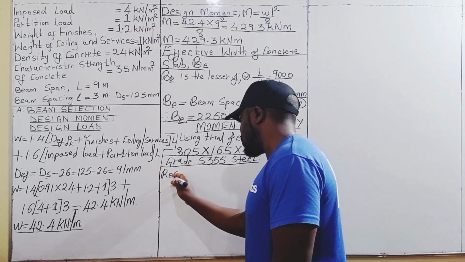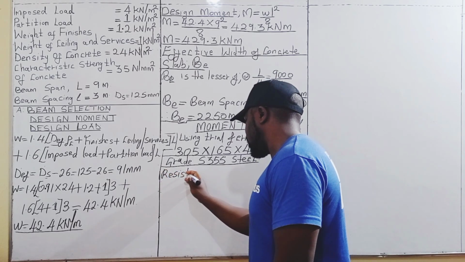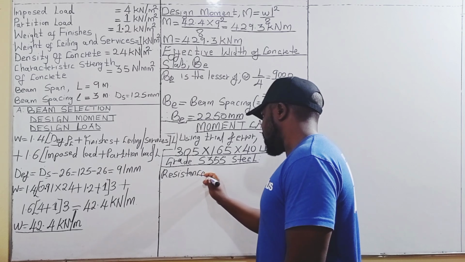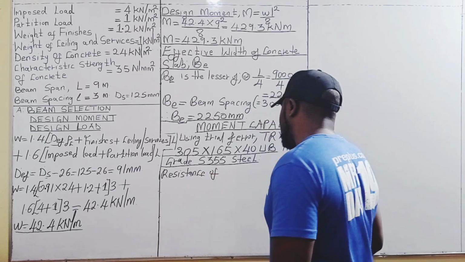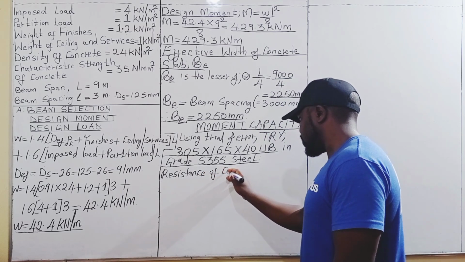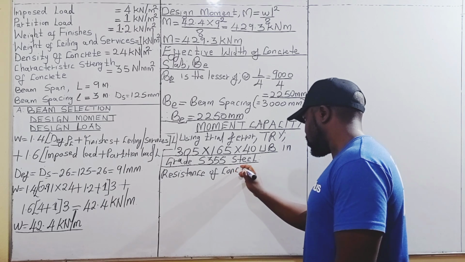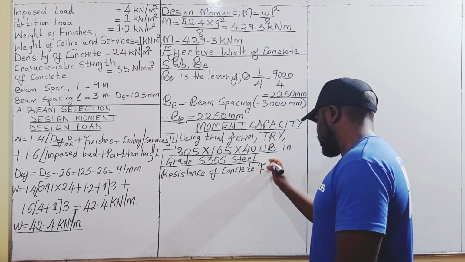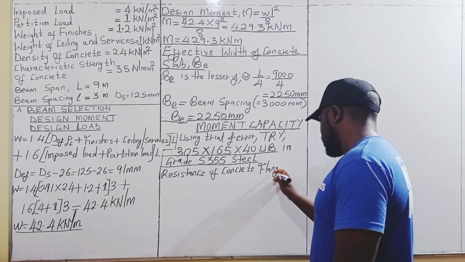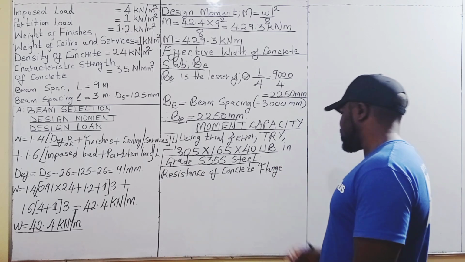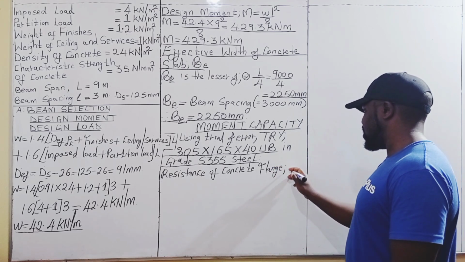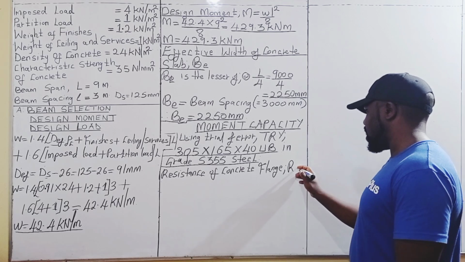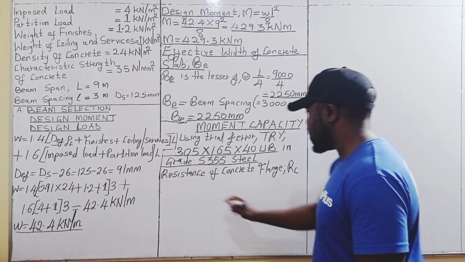And the resistance of concrete flange is usually denoted by RC.